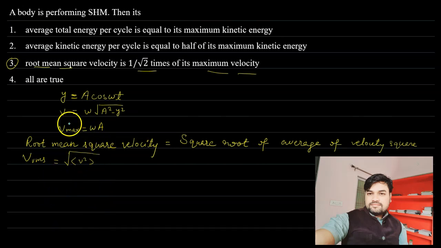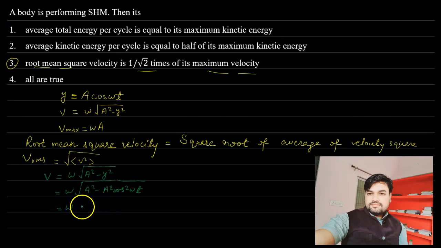Velocity is given by V equals omega square root of a square minus y square. Let us substitute y equals a cos omega t. So that becomes a square cos square omega t.